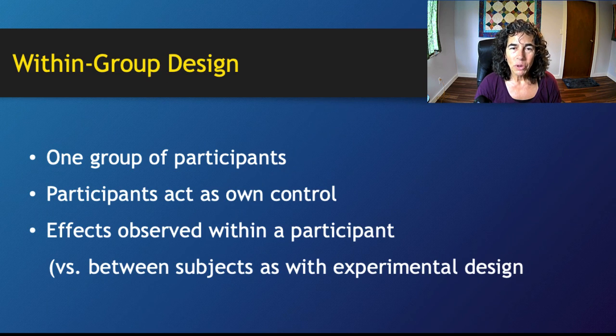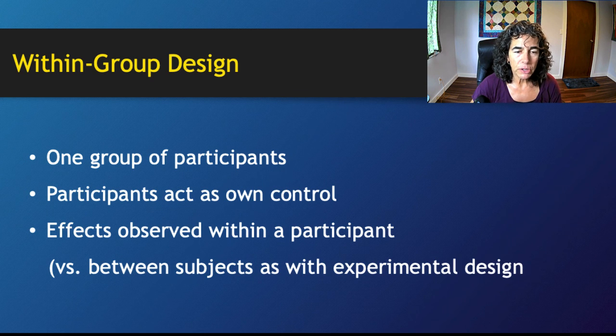All right, so within group design, and we've been talking about this a little bit, we have one group of participants, and each participant acts as their own control. So the effects are observed within a participant as opposed to between participants.